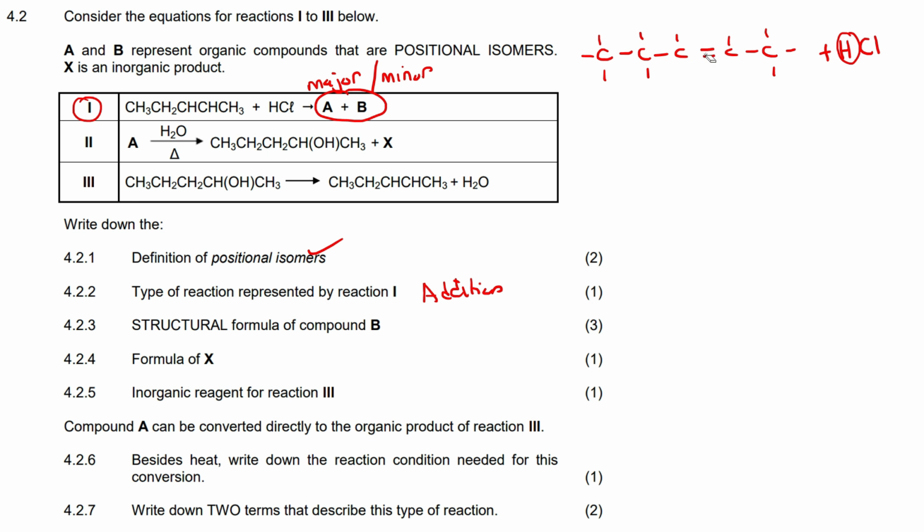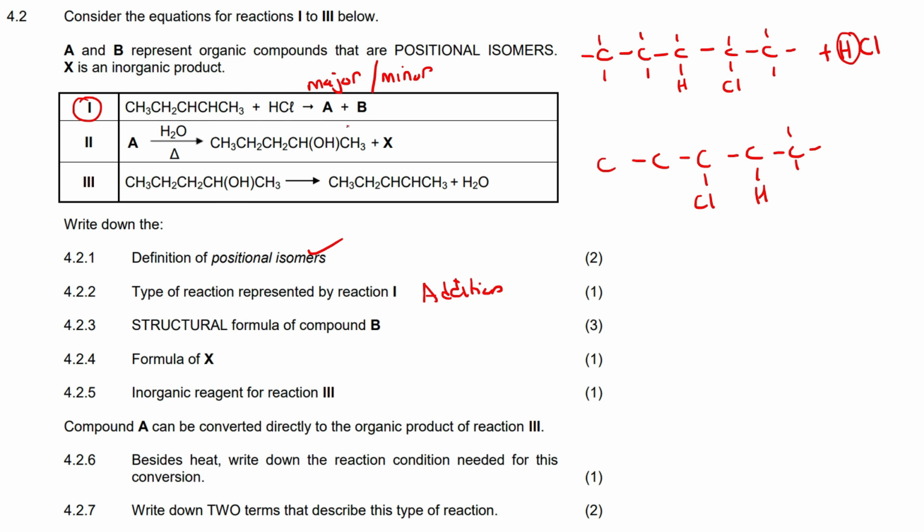But in this scenario, it's going to be equal. So in one of the scenarios, you're going to have an H over here, and you're going to have a Cl. And then in the different scenario, you're going to have it the other way around, where the Cl goes that side, and then the H goes to the other side. That's probably what they are showing here. We will figure that out as we go along.